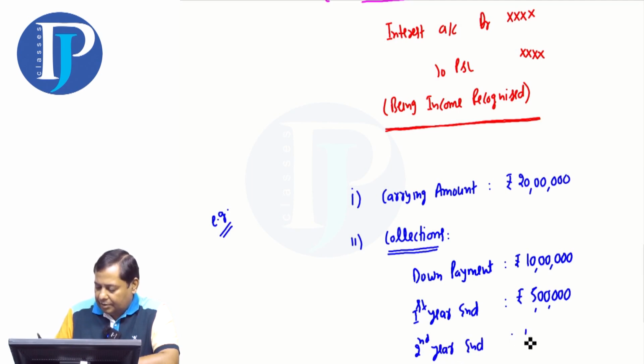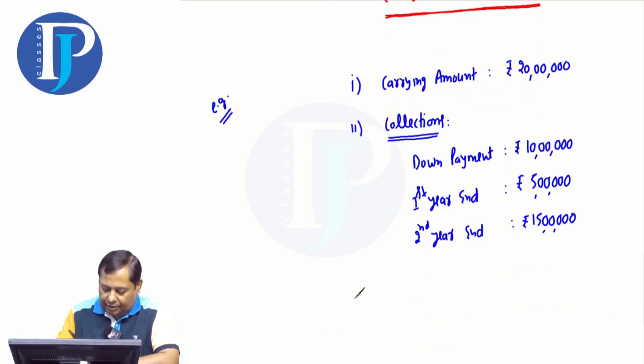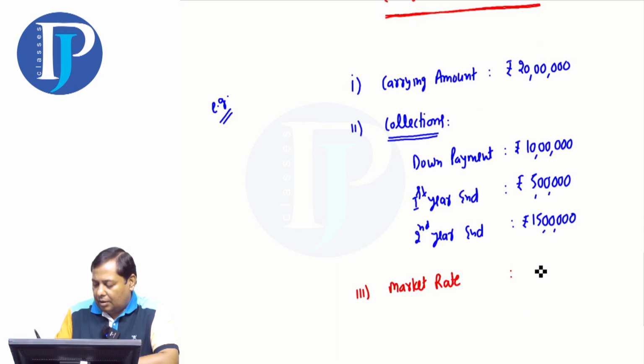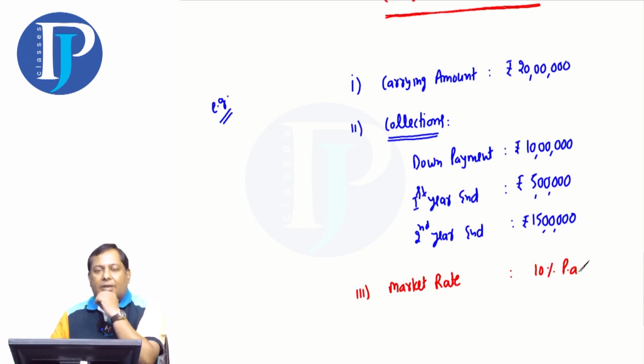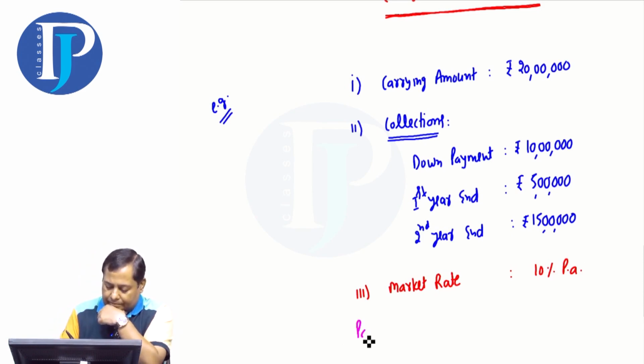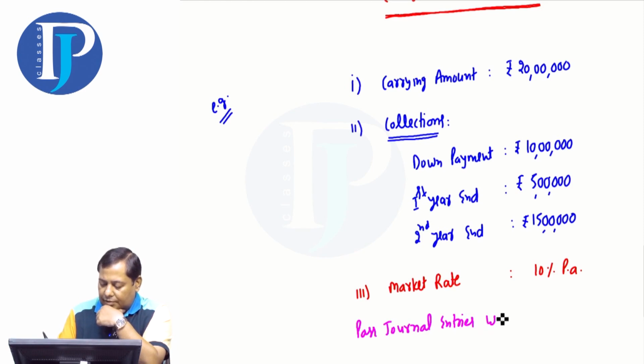At second year's end, amount will be 15 lakhs. Market rate of interest means if the market rate is 10%, then 10% interest should be received on the transaction. Pass journal entries with suitable workings.